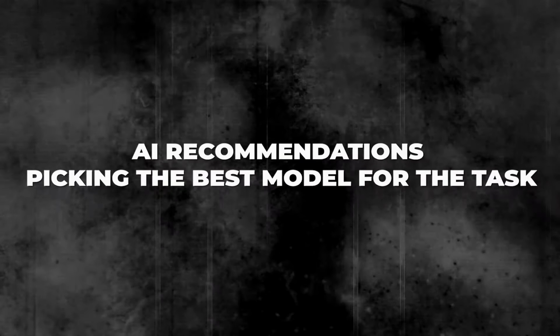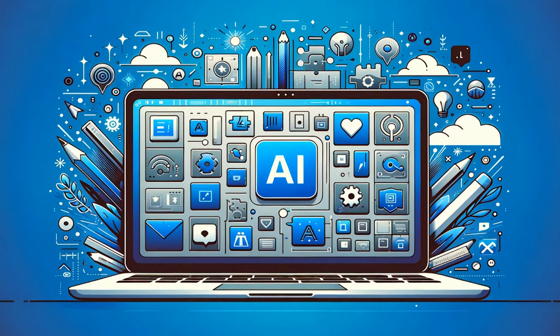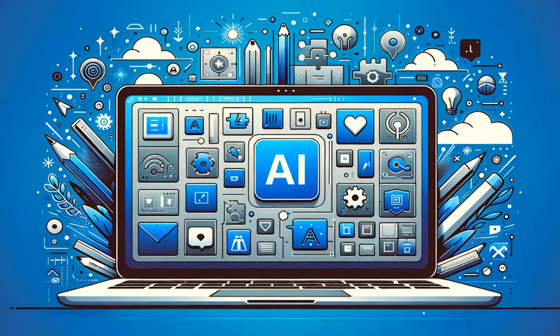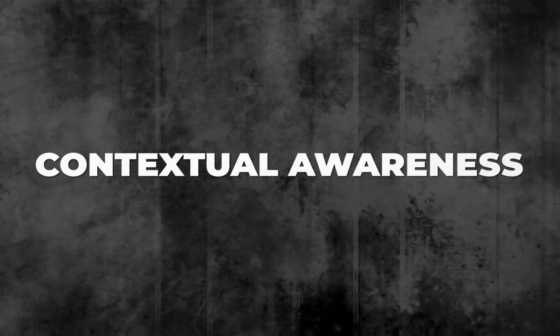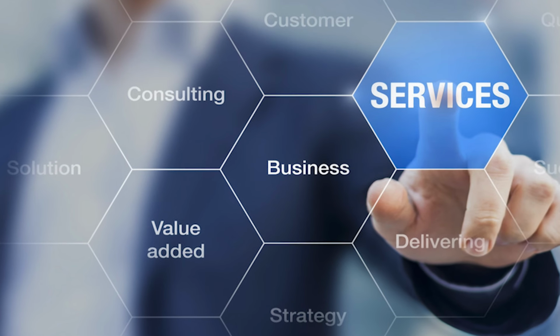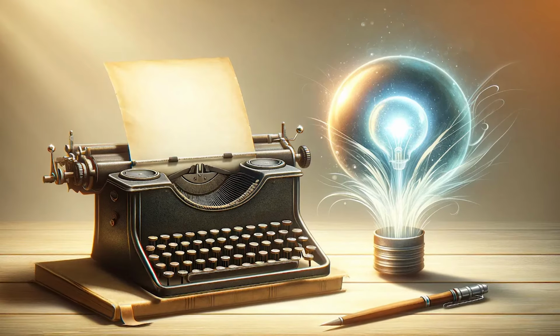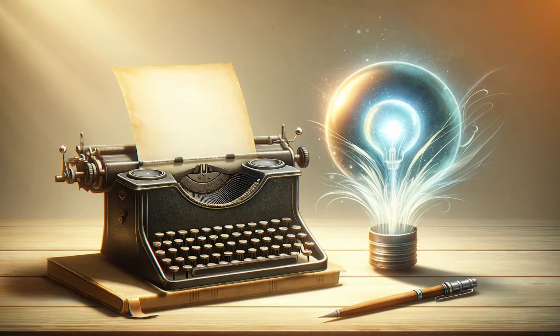AI recommendations: picking the best model for the task. The platform doesn't just aggregate AI tools, it also helps you pick the best one for your needs. Contextual awareness: based on your input, the platform can recommend specific models. For example, it might suggest Bard for quick information retrieval and GPT-4 for creative writing.